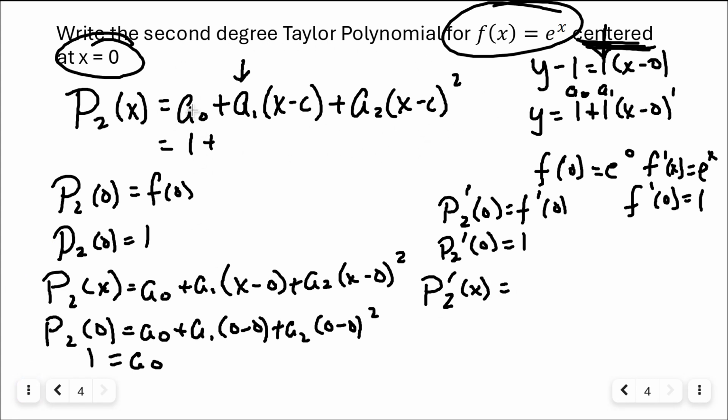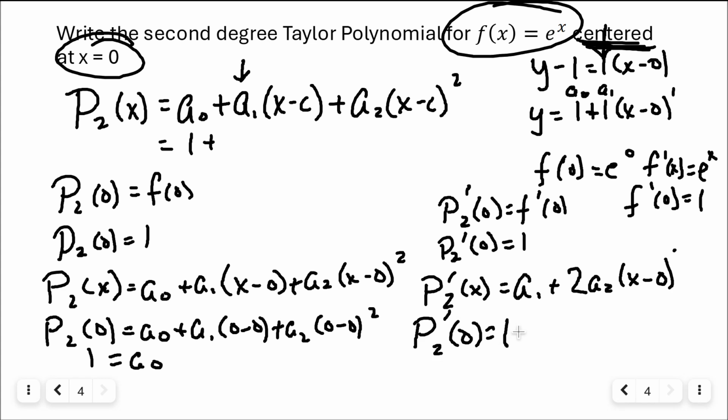The derivative of a0 is a number, so that's 0, plus the derivative of a1 times x minus c, which is a1. The derivative of a2 times x minus c squared will be 2a2 times x minus 0. Then p sub 2 prime of 0 is equal to 1, which is equal to a1 plus 2a2 times 0. X is 0, and that drops out the a2 term. So a1 is also 1.